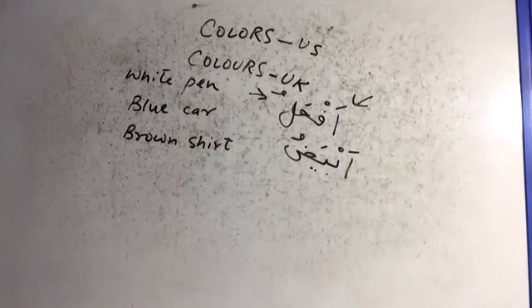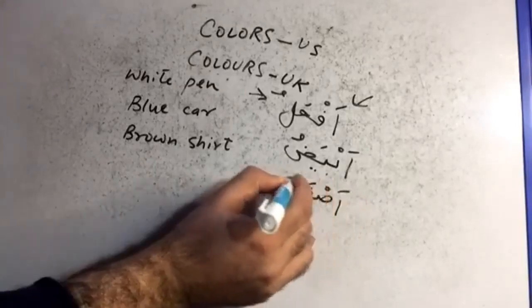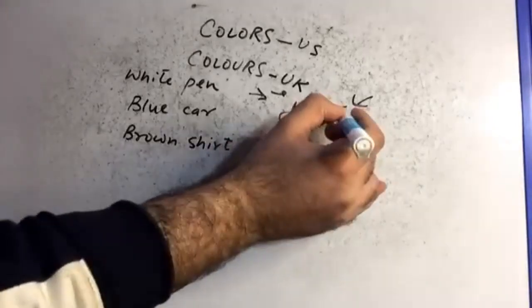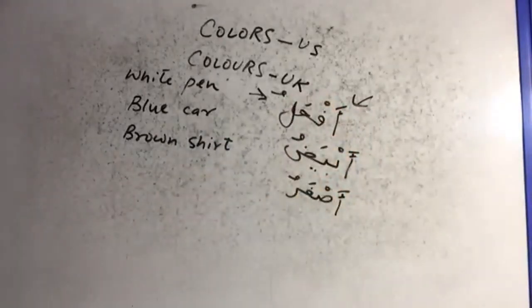Now, to say the word yellow, asfaru. It's actually a hamza, okay? So we can write it like this. Asfaru, yellow.